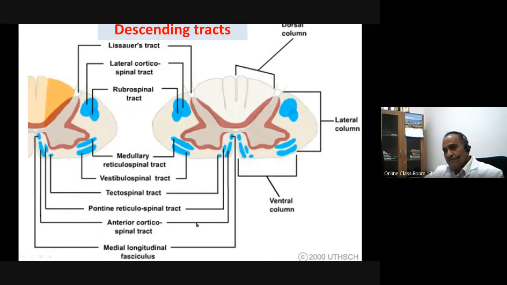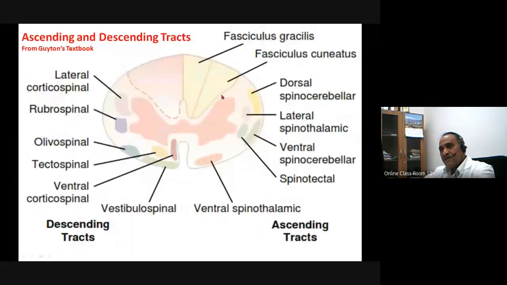If I were to revise these things, I have taken this from Ganong. On one side we have the descending tracts, with some amount of modification. It is not exactly the same in all the textbooks, but broadly there is an outline.